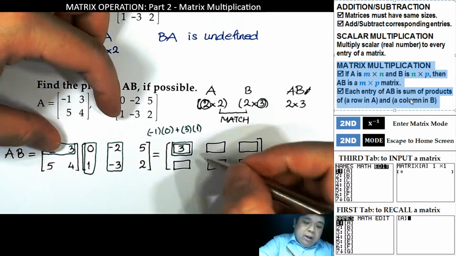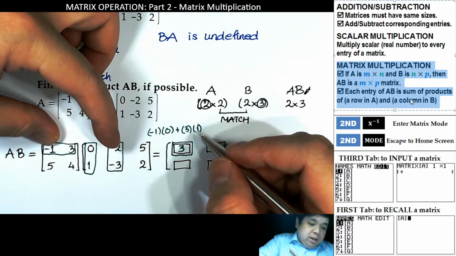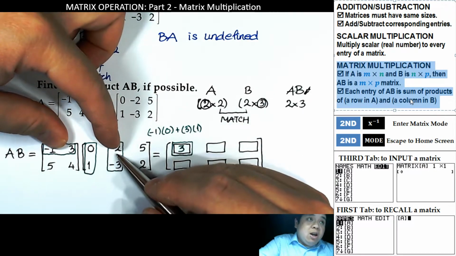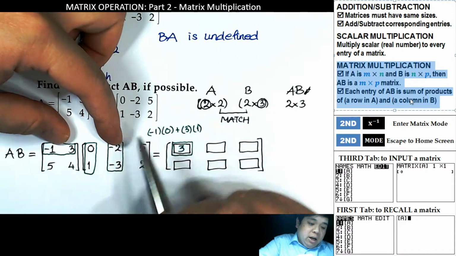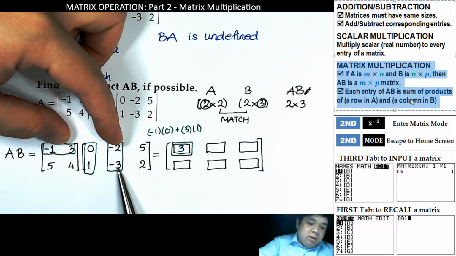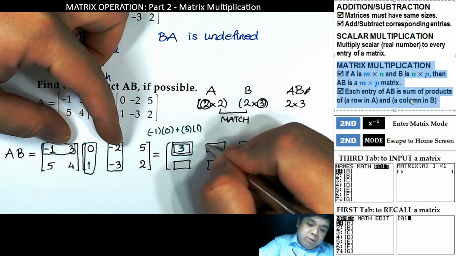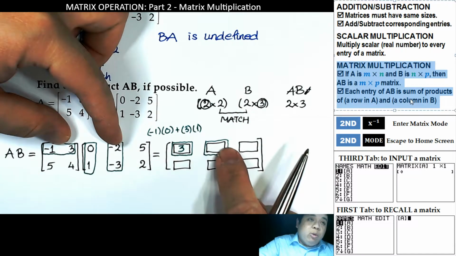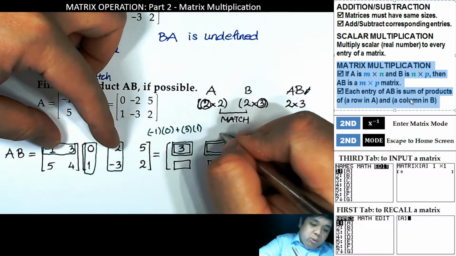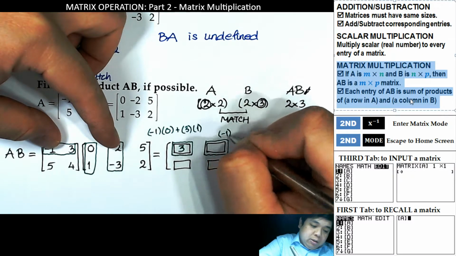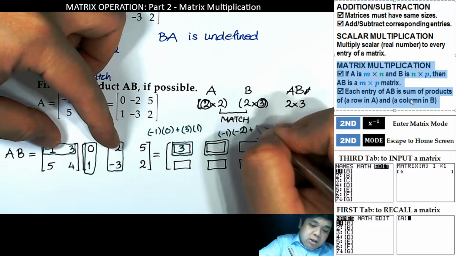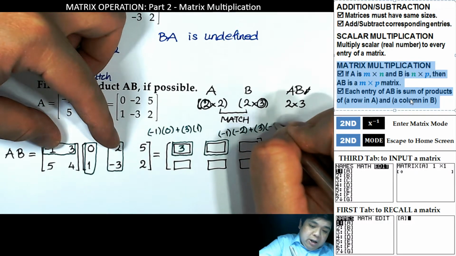Now this entry. If we take this row from the first matrix and this column from the second matrix, we have the first row, second column entry. So we have -1 and -2, plus 3 and -3.